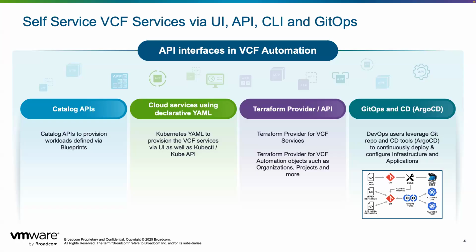But generally, what the Terraform provider is used for is: okay, I've got VCF Automation installed, but now I want to set everything up in a certain way and make sure we have that state saved somewhere. So if we have to redo it, we know exactly how we need to set up automation again, especially with the organizations and projects and things like that. So very helpful for our customers.